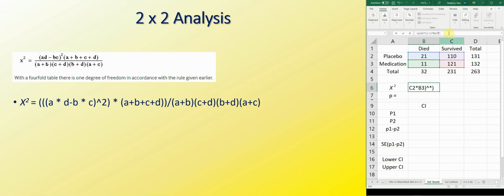Now I'm going to multiply all of that portion we've done before by this A plus B plus C plus D, which we know is our bottom corner here. Divide that, and then for this we want all of this to be together, so I'm going to put that in one big bracket here, and then our A plus B we know is this one, and that's multiplied by the C plus D, which we know is this one, multiplied by this, multiplied by this.